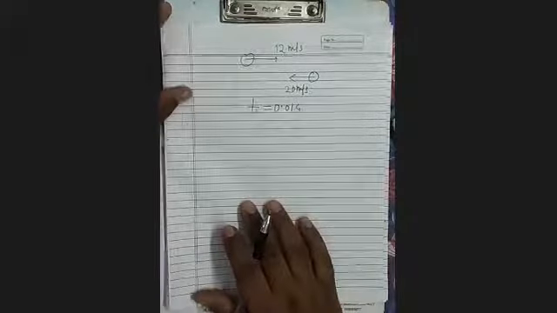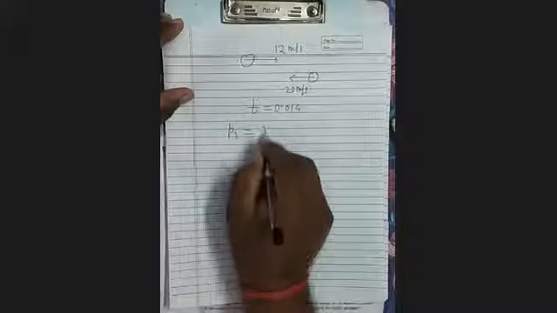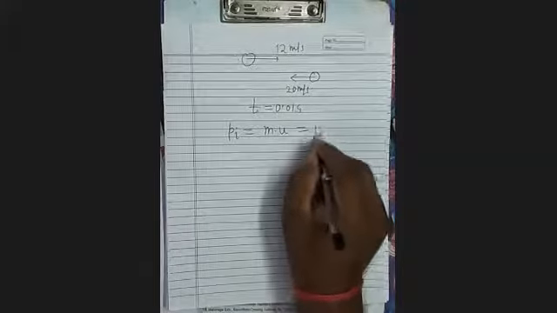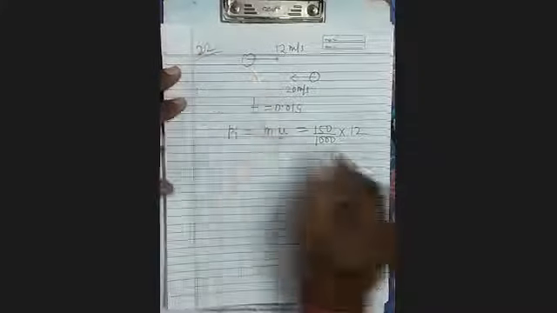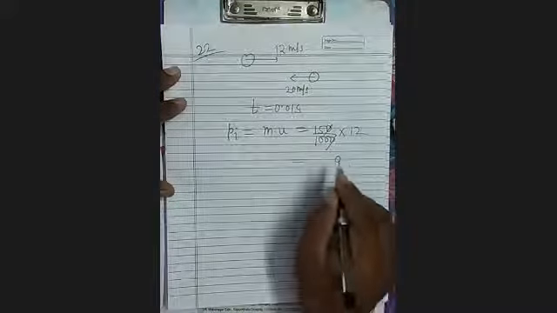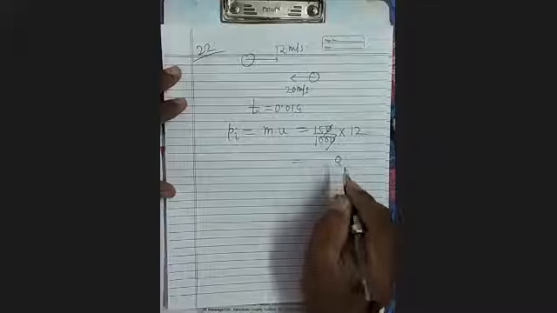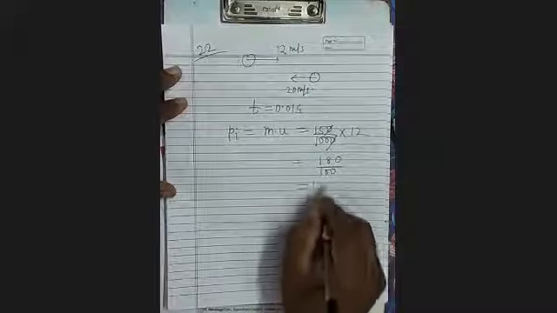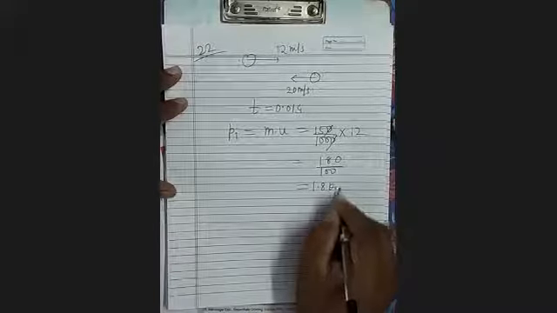So you can see here, what is the initial momentum of the cricket ball? It is m into u. M is 150 upon 1000, into u which is 12. This is question number 22. So this is cancelled. 12 into 15 is 180 upon 100, that is 1.8 kilogram meter per second.